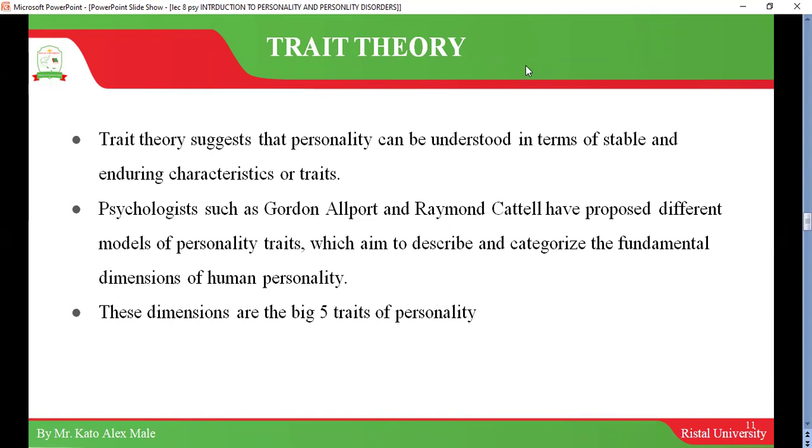Psychologists such as Gordon Allport and Raymond Cattell have proposed different models of personality traits, which aim to describe and categorize the fundamental dimensions of personality. These dimensions are the big five traits of personality we looked at the beginning, the openness and then the others.